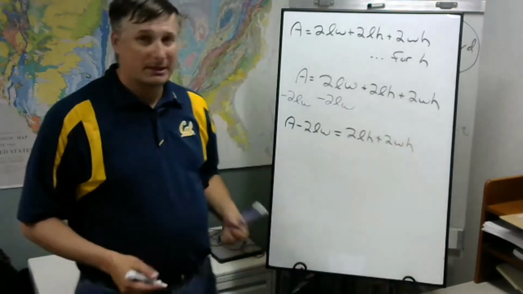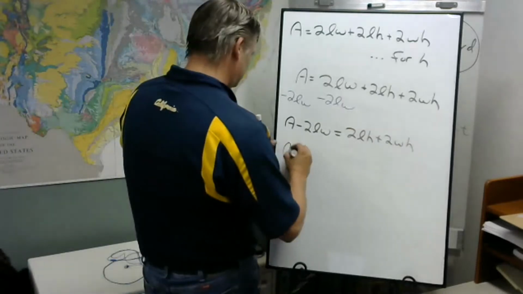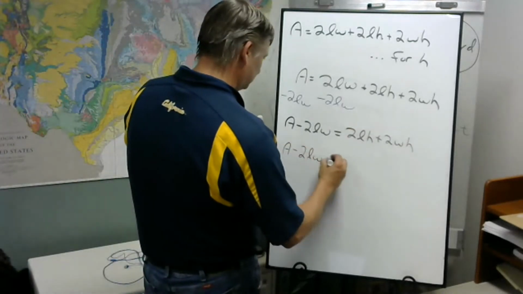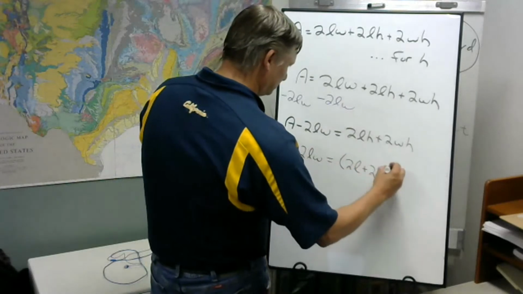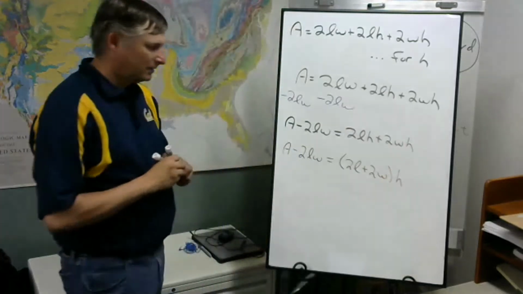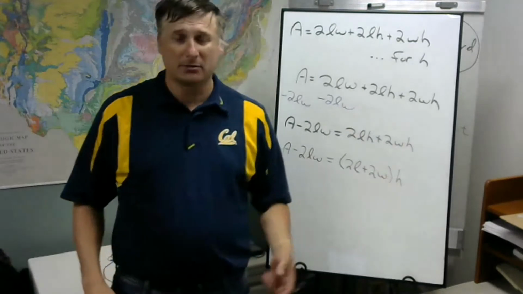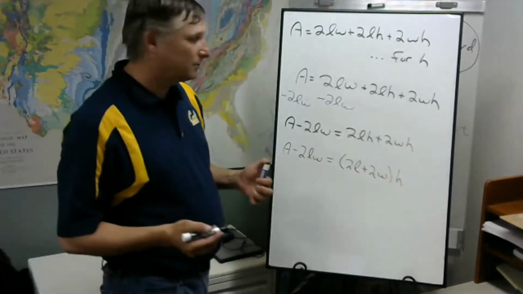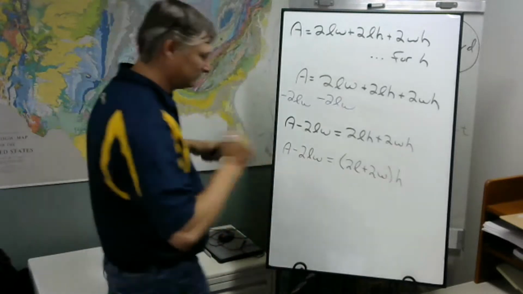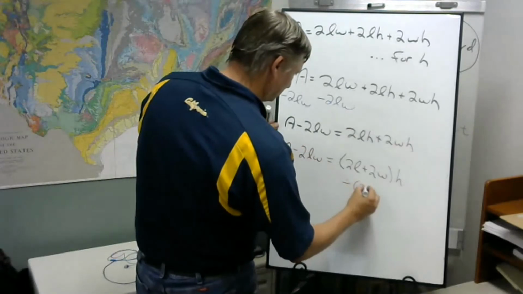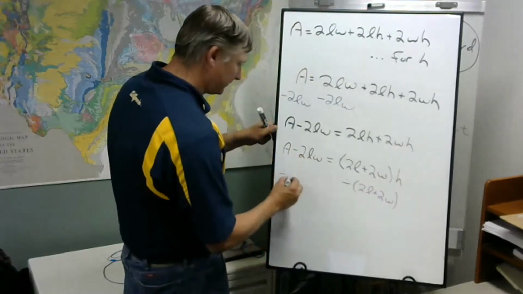Now, these two terms contain an H, so we can factor out H. Now, we have this entire piece multiplied to H. So the opposite of multiplying that entire piece is dividing that entire piece. Now, we got to be careful here when we divide.